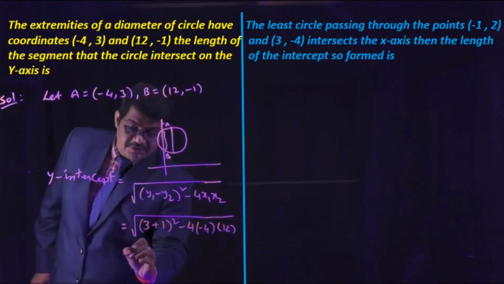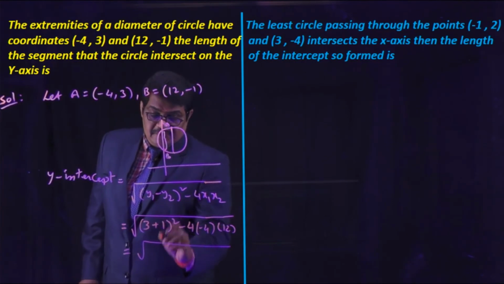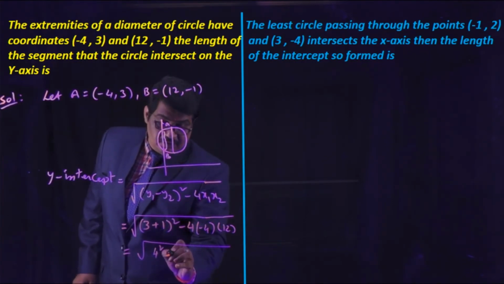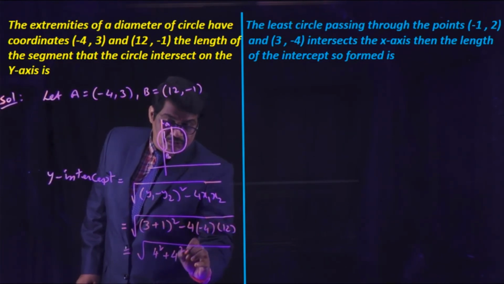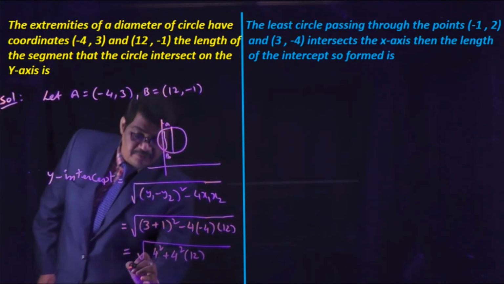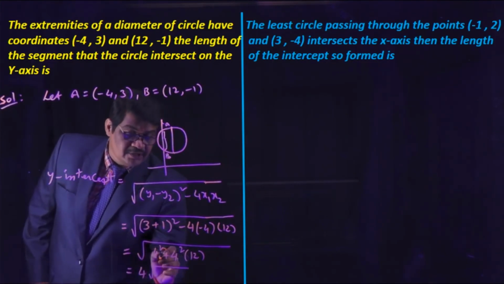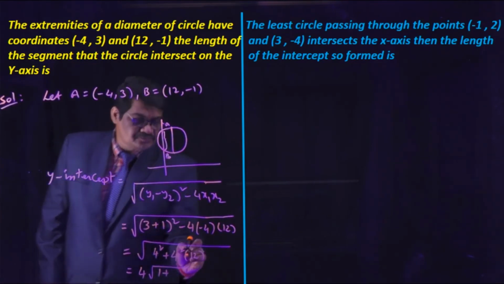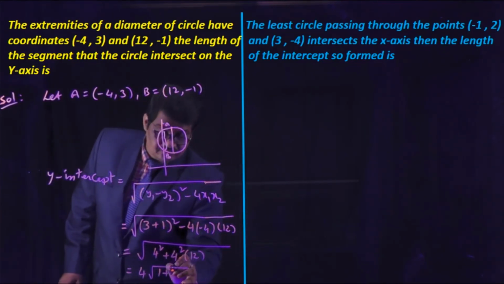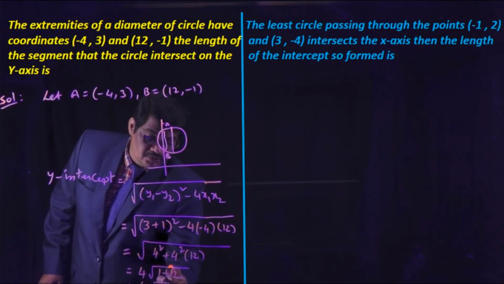This is the simplification. Here 3 plus 1 is 4, 4 square. Here minus of minus plus 4 square into 12. Now 4 square is common, and the root of 4 square is 4 after taking it common. Then 1 plus 12 is 13, so it is 4 root 13.